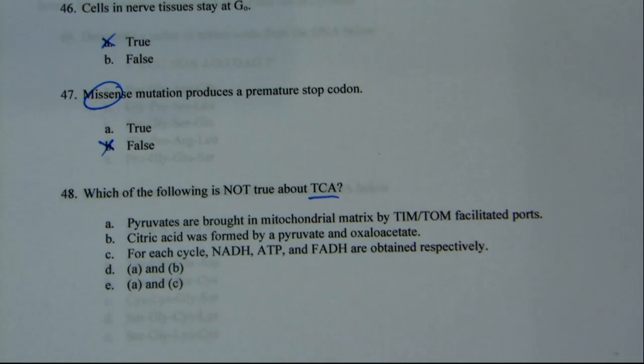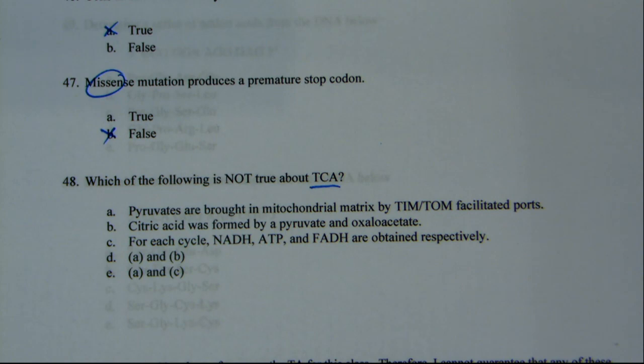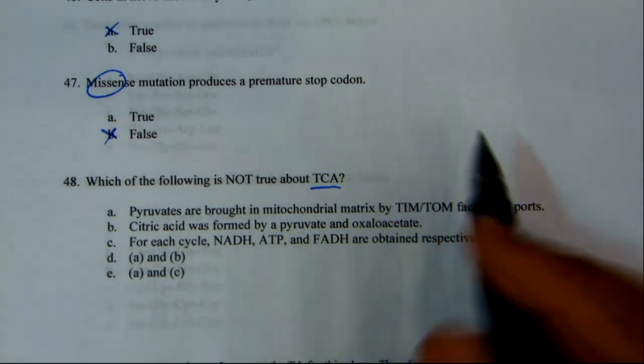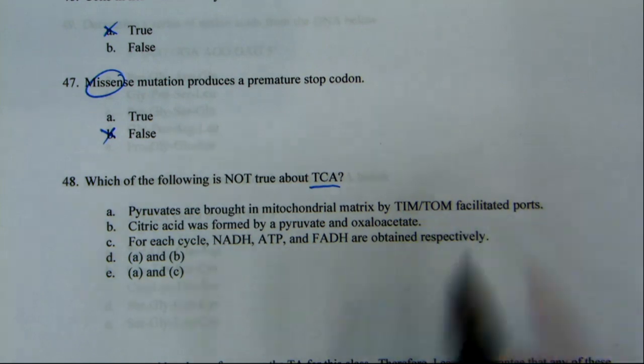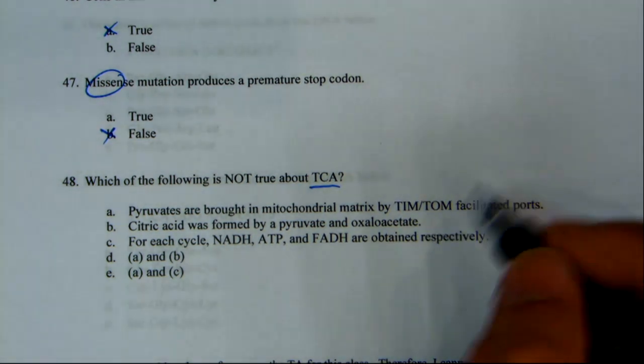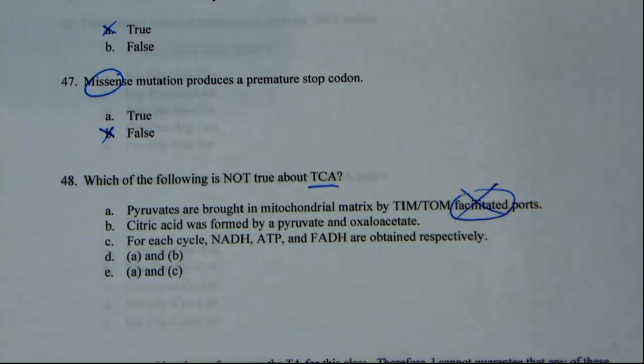First, pyruvate are brought into mitochondrial matrix by Tim and Tom facilitated ports. Is that correct? All of this is correct except, again, one part. What is Tim and Tom? Active port. So facilitated is not active, so that's not correct. Every little detail, we have to go through.